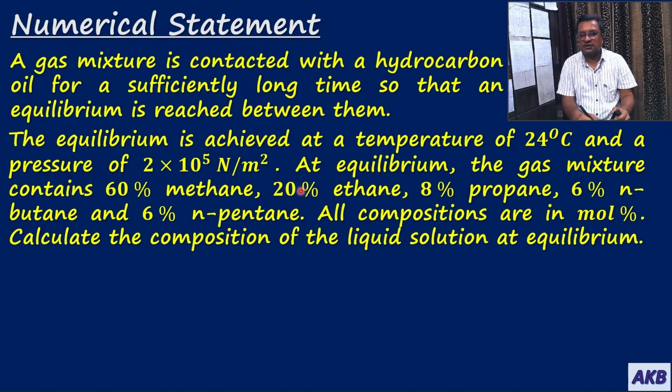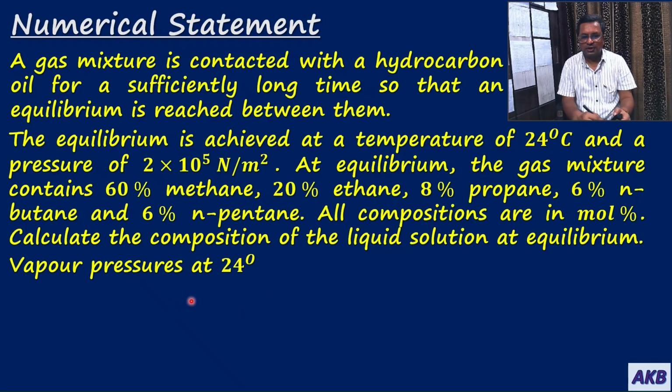Then they have given us the composition of the gas mixture at equilibrium: 60 mole percent methane, 20 mole percent ethane, 8 mole percent propane, 6 mole percent N-butane, and 6 mole percent N-pentane. All these compositions are in mole percentage, as I said. Based on this information, we are supposed to find the composition of the liquid solution that is in equilibrium with the gas mixture.